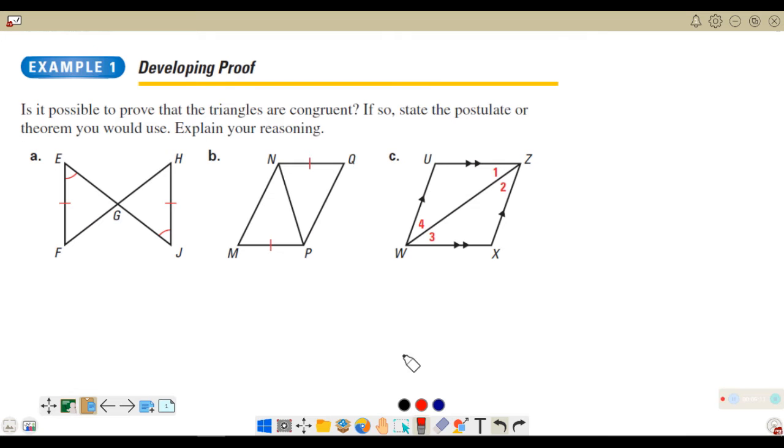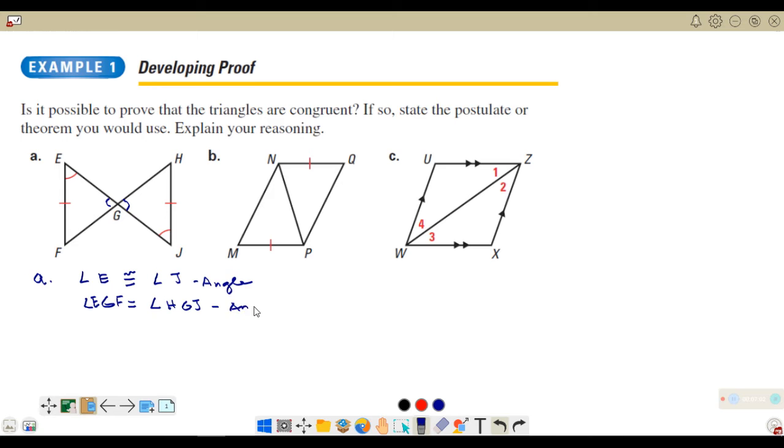Okay. So, letter A. We have an additional part here. We have two markings. One angle: angle E is congruent to angle J. So, that is one angle. Then, let's be specific, angle EGF is congruent to angle HGJ.